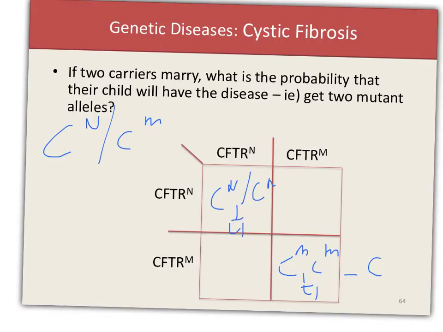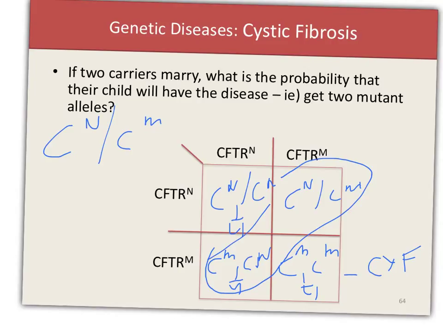These have cystic fibrosis. And then CN, CM, and then CM, CN, which is the same. So 50% are carriers, these guys. This individual is normal in terms of phenotype, and this one is abnormal.